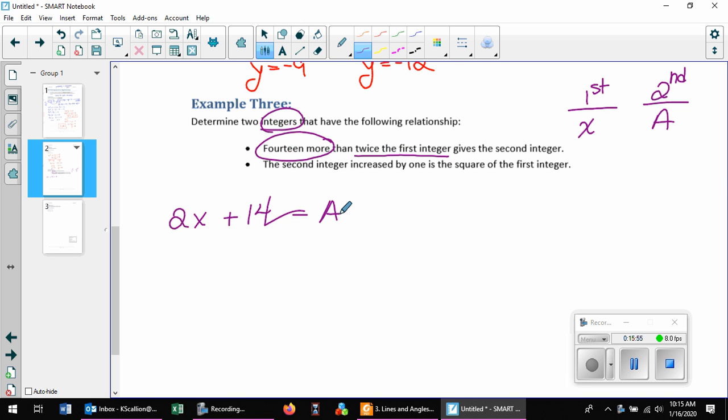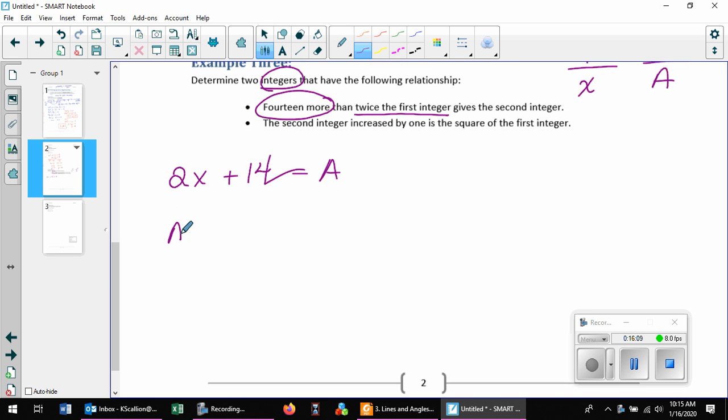Are we good with that? Could you do that on your own? Yeah. You totally could. Second integer increased by 1. A plus 1 is the square of the first integer, so equals x squared.